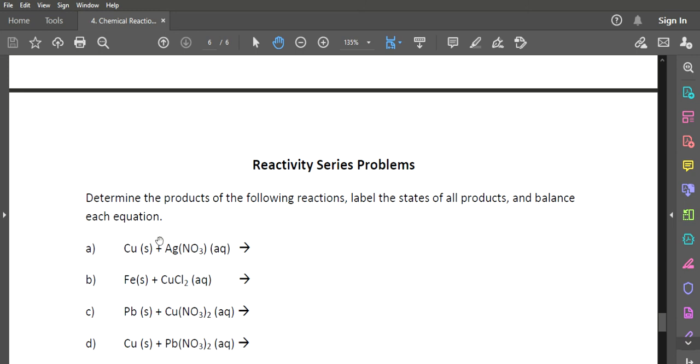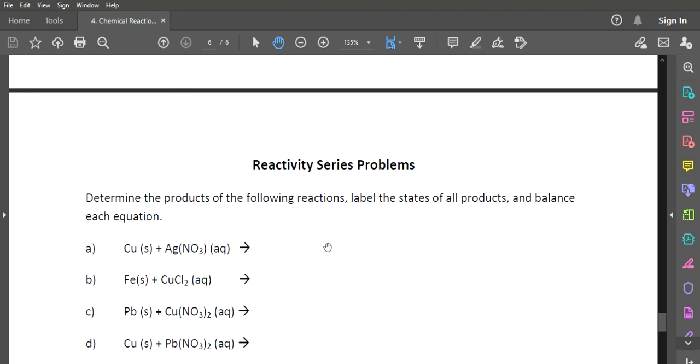So you could pick a copper 2+ or 3+. I'm just going to pick 2 because it's lower. I'm going to crisscross it with NO3. NO3 has a charge of 1-, so there's no number to really crisscross with it. So we'd have our Ag solid plus Cu, and then in brackets, NO3, 2.